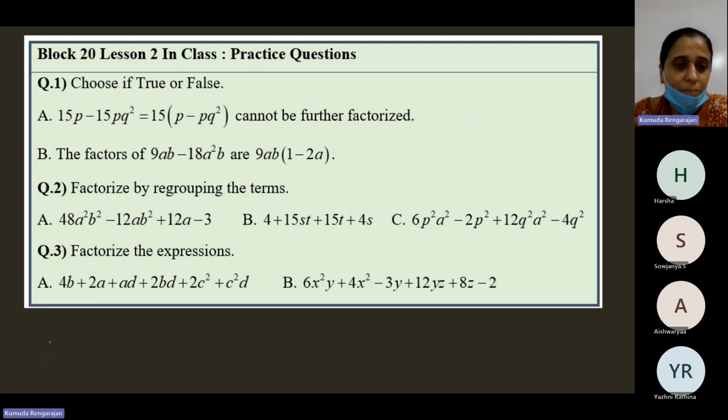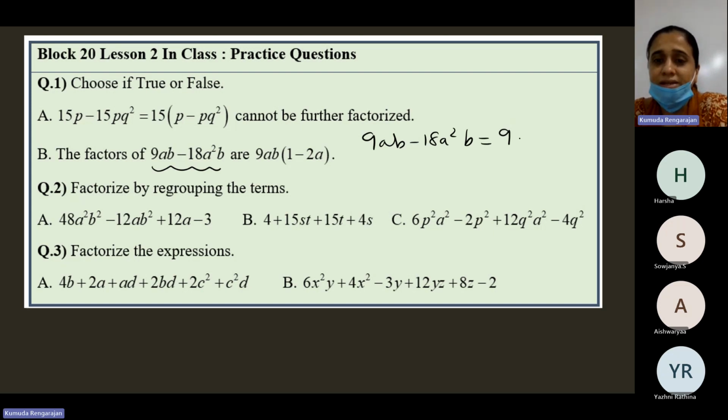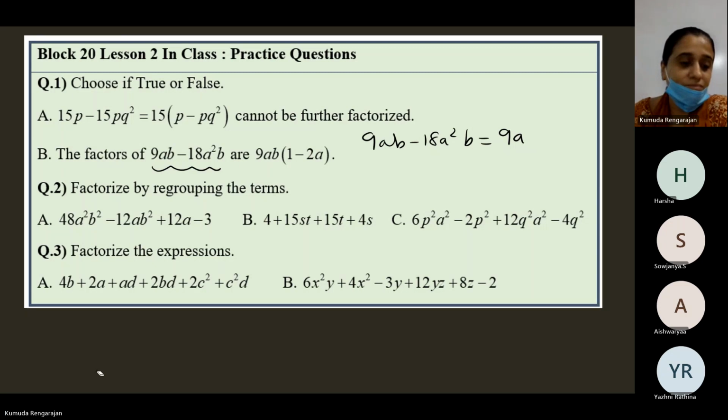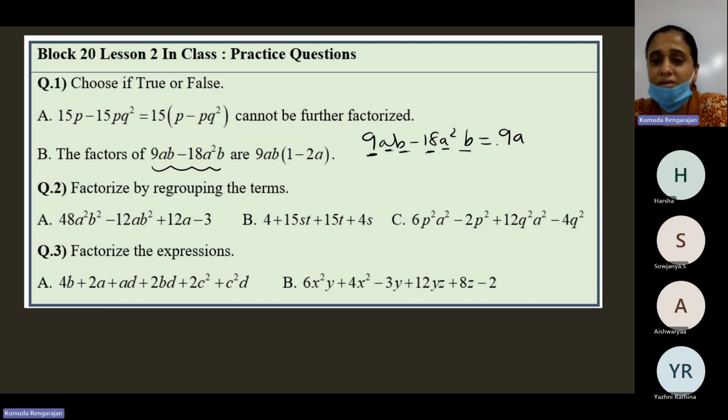In the same way, this expression 9AB minus 18A square B can be written as, what's the HCF of these two? 9AB is the HCF, because there's 9 and 18 is 9 times 2, and A square B. So 9AB into 1 minus 9AB times 2A.